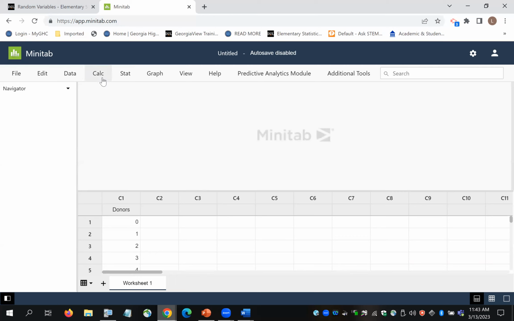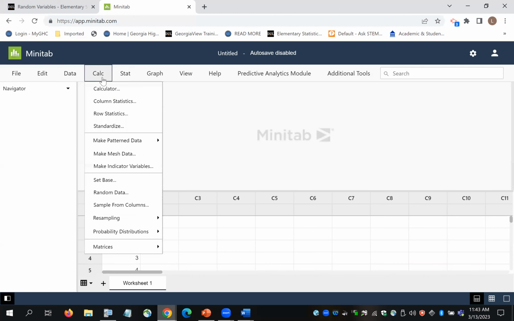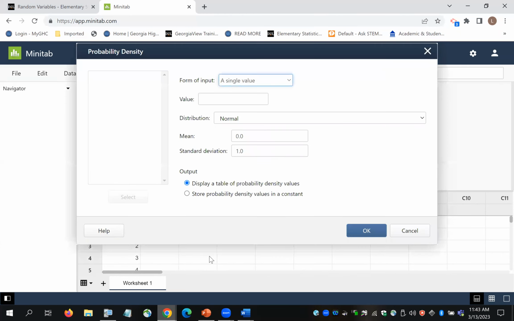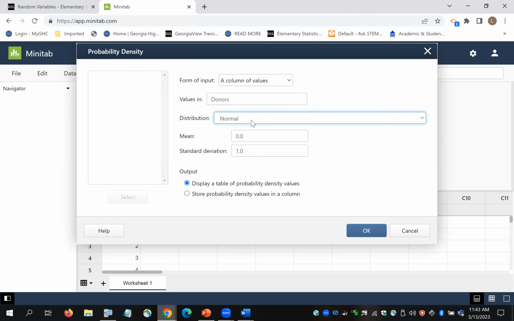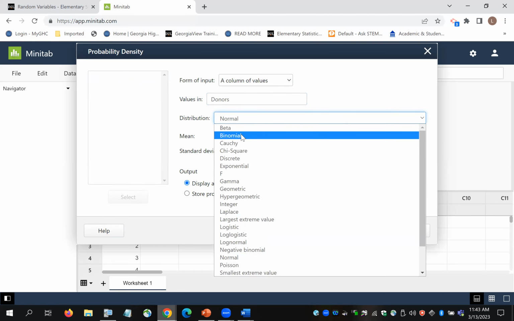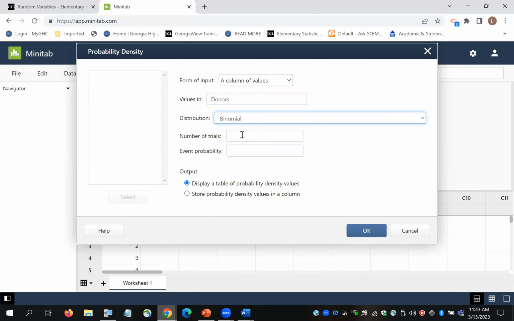I'm going to calculate a probability distribution, probability density function. We're doing a column of values. My values are in column 1. It is a binomial. And guys, right now, that's the only option you have because that's the only one we've talked about. So please make sure you choose binomial.